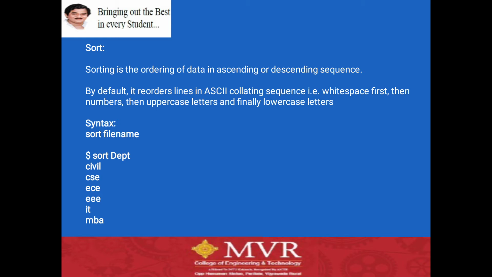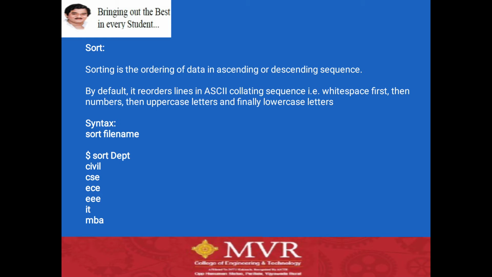That means every alphabet or numeric on the keyboard has an ASCII code. Depending upon those codes, things will be reordered: white spaces first, then the numbers, then the uppercase letters, and finally the lowercase letters. So in this order everything will be sorted.